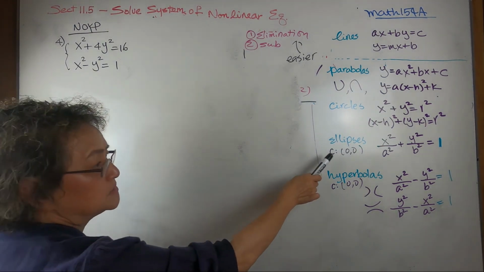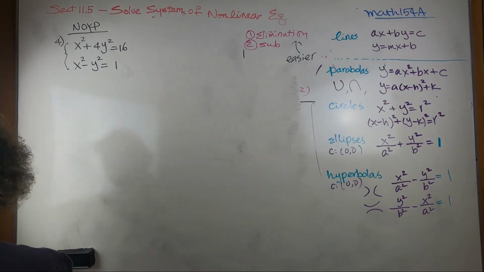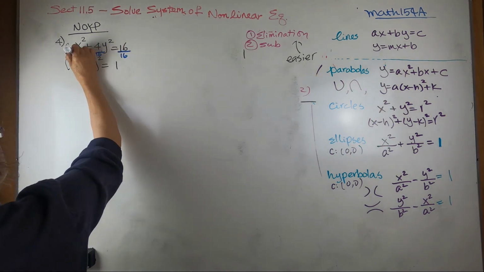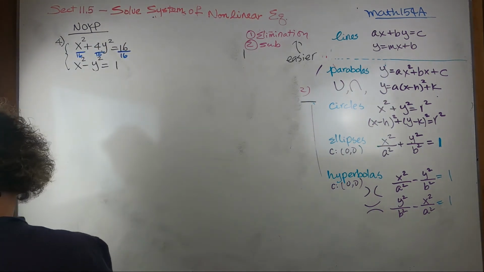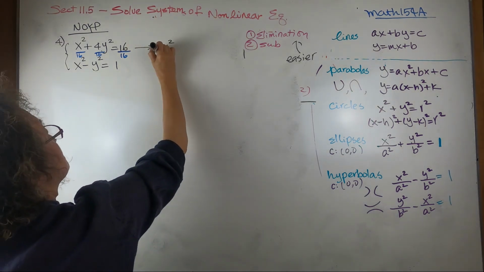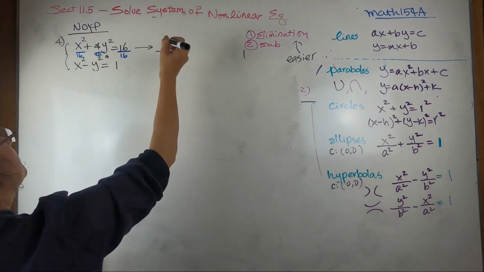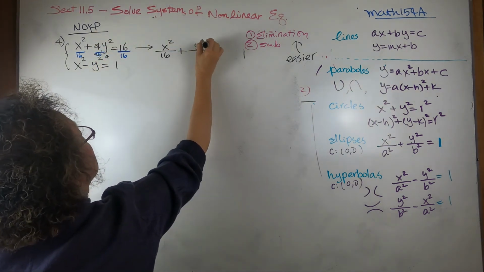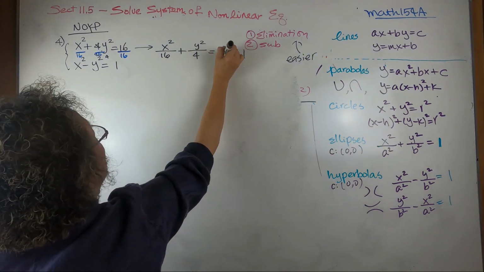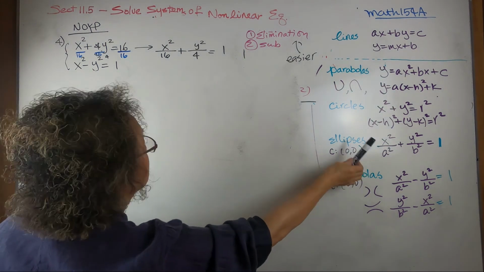But for an ellipse, you have to have 1 there. So how about dividing everything by 16? Then see what we have. We have x squared over 16 plus, this cancels out, becomes 4, y squared over 4, right? Equals 1. So we made a 1. Then let's write it in standard form.